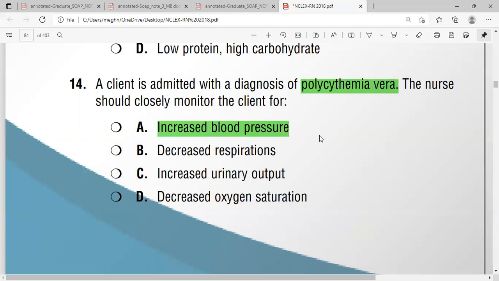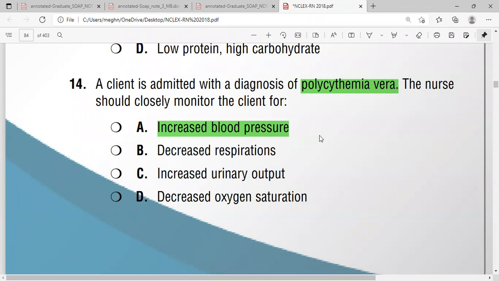So when the total number of cells increases, blood volume and blood viscosity increase, and the patient is likely to develop high blood pressure.